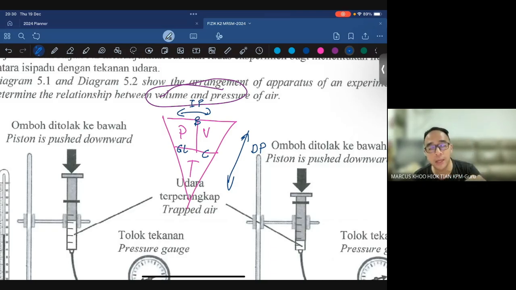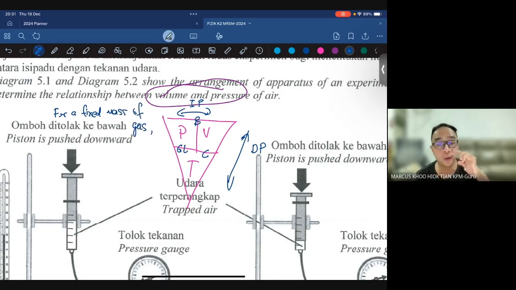But don't forget, kalau kita bercakap pasal hukum gas, permulaannya mesti bagi jisim gas yang tetap, for a fixed mass of gas. The beginning of every gas law starts with for a fixed mass of gas.